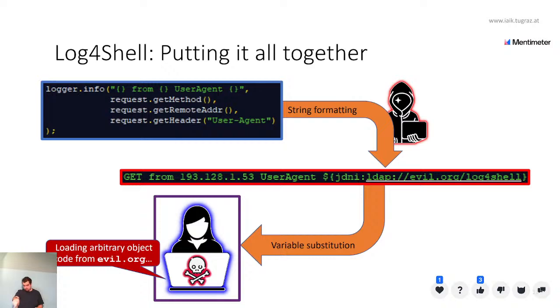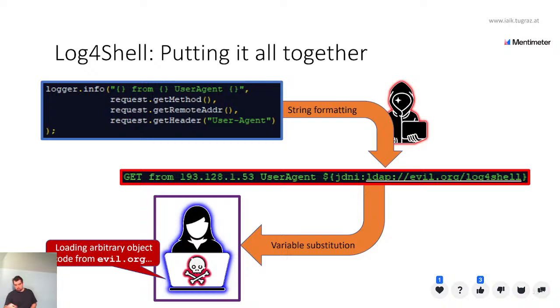For this to have impact, you need to be able to connect to evil.org, or at least that's not entirely true, but we can talk about that in a bit. But you need to be able to make internet connections, right? You need to be able to load object code from an attacker-controlled source. If your server cannot make an internet connection because of firewall rules, it's still a flaw, but you can't exploit it this way.